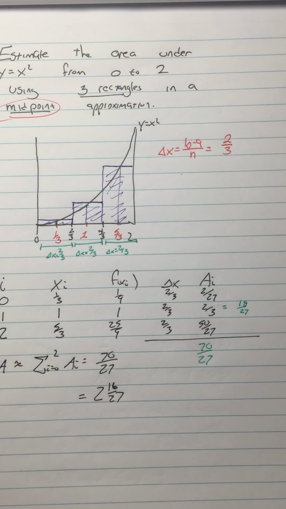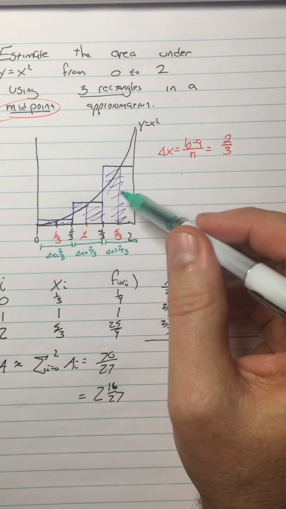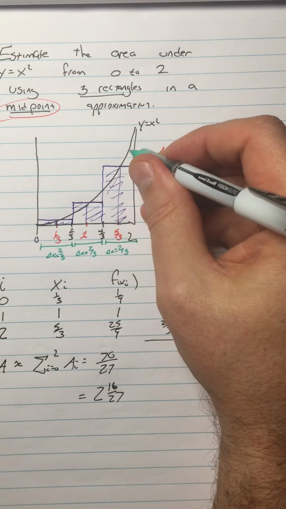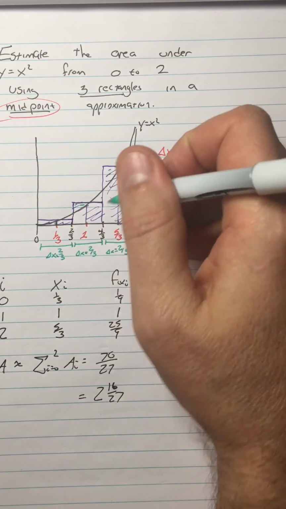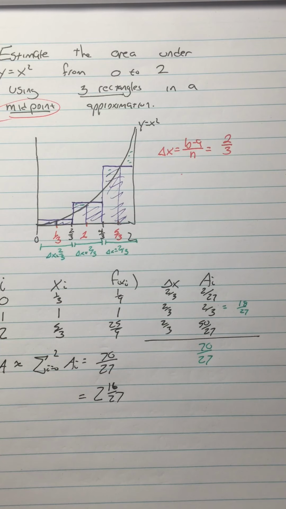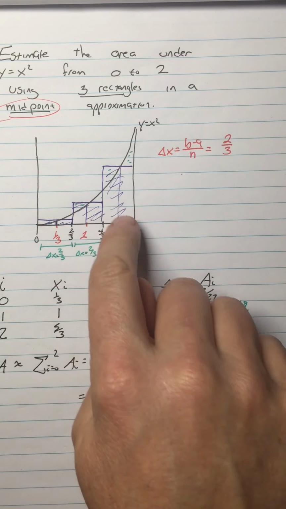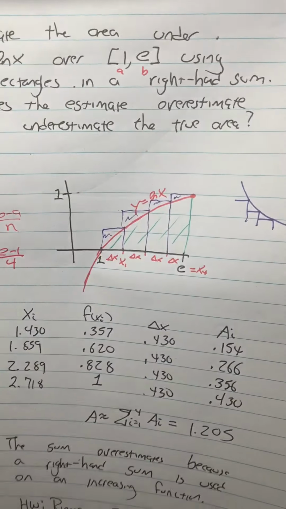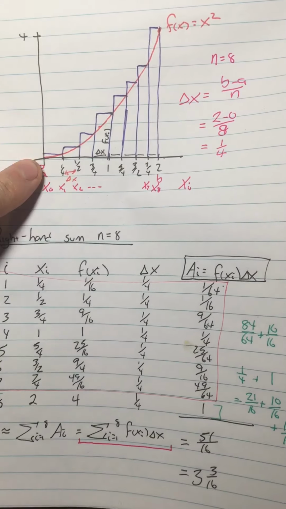So the advantage is, instead of all of the rectangles leaving part out, or all of the rectangles including extra, each rectangle leaves some area out and has some extra. So for a function like this, the estimate that you get becomes inherently more accurate. Look how with 3 rectangles, we got 2 and 16/27, which is already within the error bounds that we got for 8 rectangles, right?